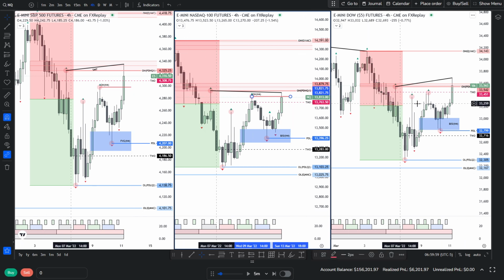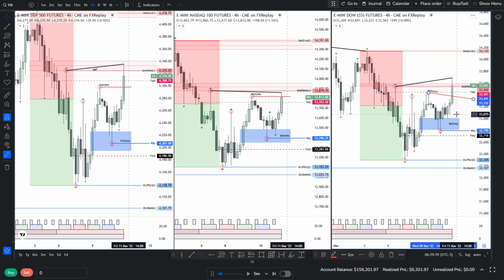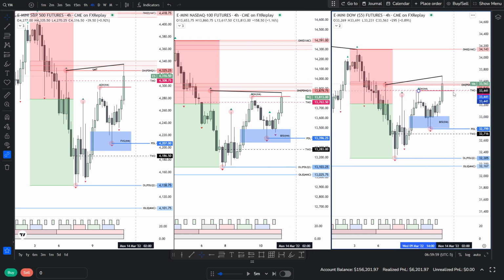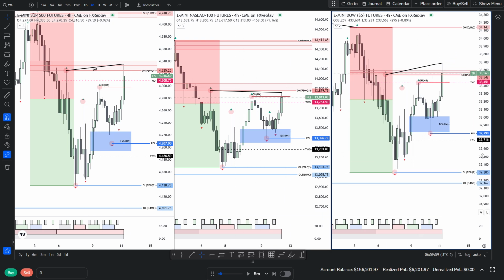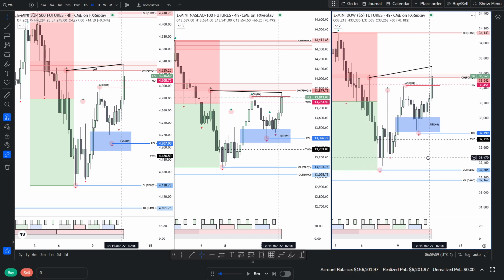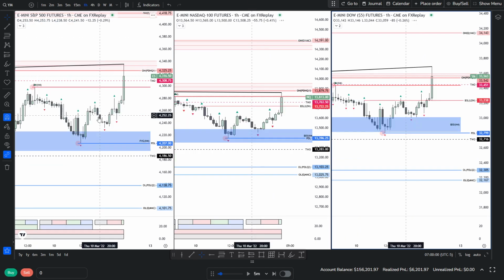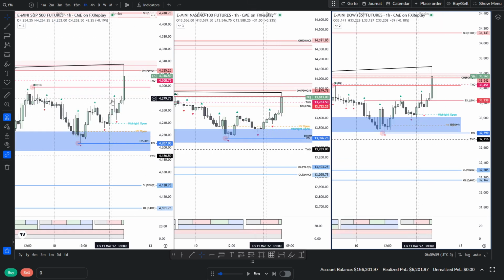Why am I marking that up? Because it's a key liquidity pool. Okay, so now we can go back to the hourly.